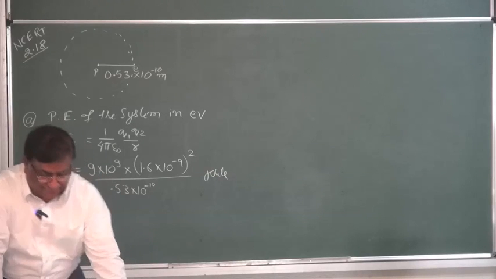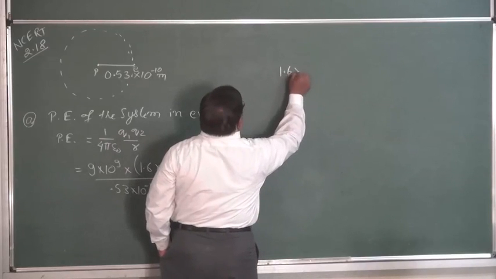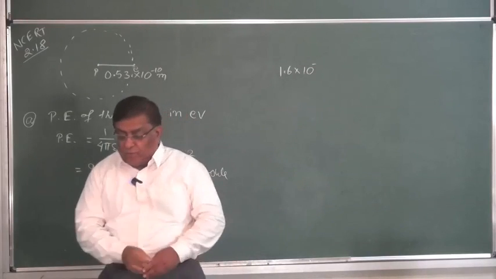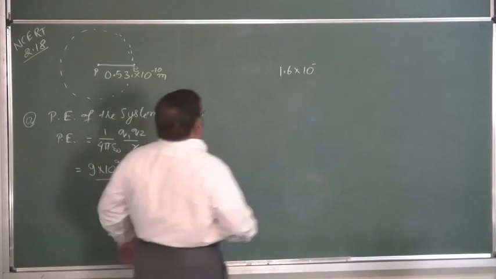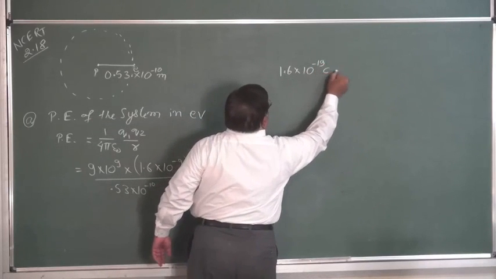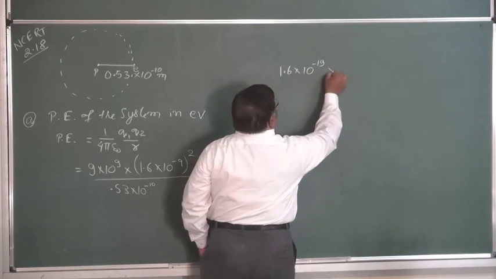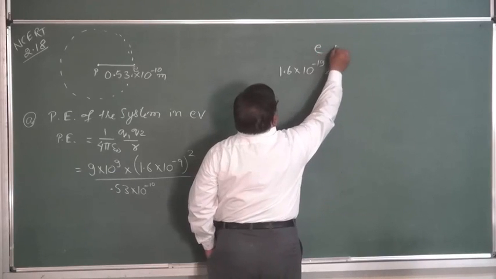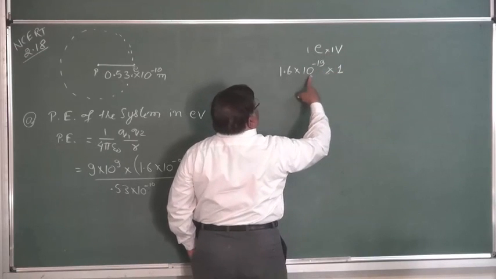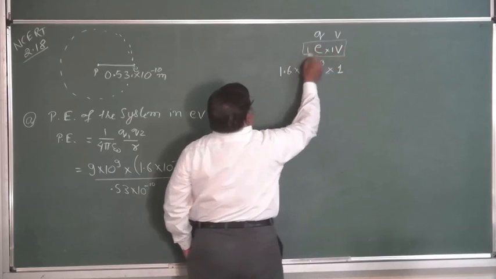Remember, 1.6 into 10 to the power minus 19 coulomb is the charge of 1 electron. Electron volt is 1 E into 1 V, that is QV. This is 1 electron volt energy.